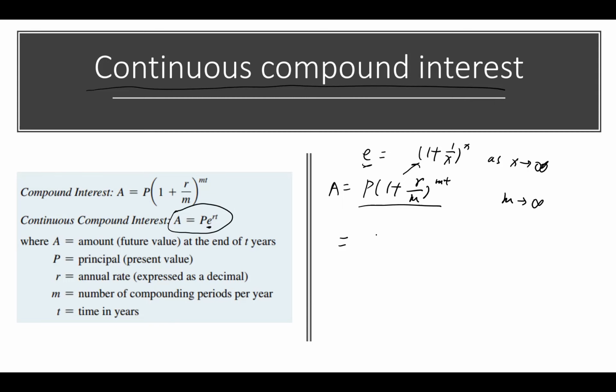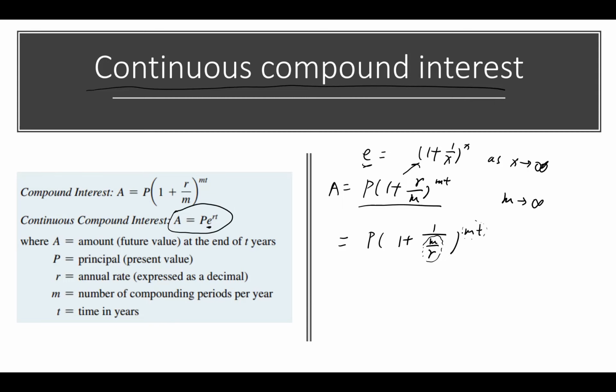So one way we can do this is to bring r inside the parentheses, bring r to the denominator, right? So this becomes m over r, right? So we are getting somewhere. Well, this portion is becoming larger and larger. So r is still a fixed number because it's the given interest rate from the bank, and t is also a fixed number. So the only changing part is m here. So the denominator part is fine.